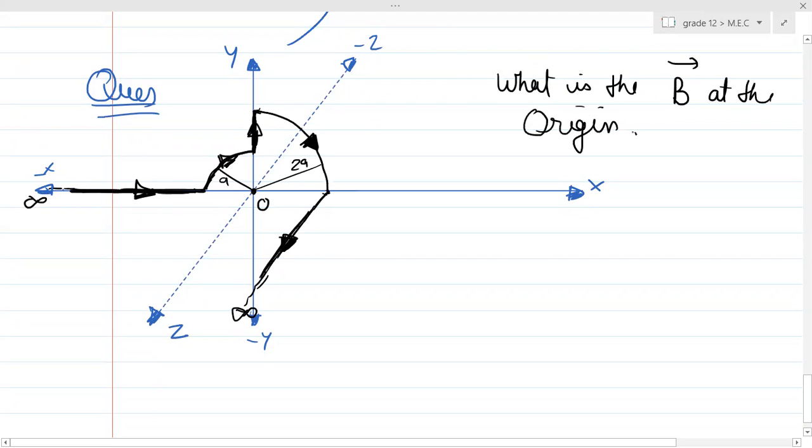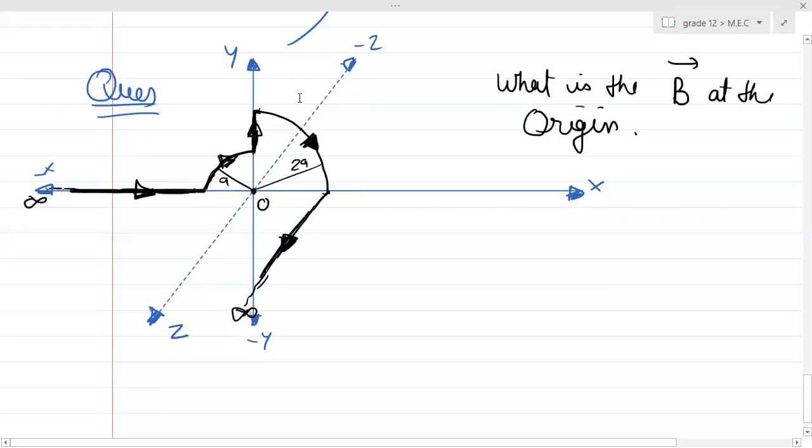If you remember, I told you in every question where you have multiple parts, this question can be broken into various small parts. Semi-infinite wire on the axis. Can you see this point O is on the axis of the semi-infinite wire? Yes or no?